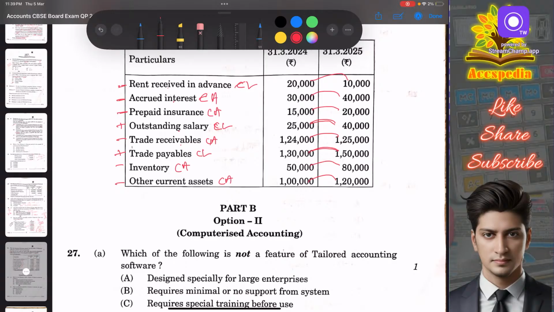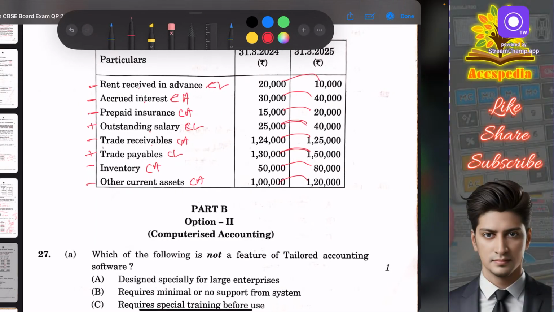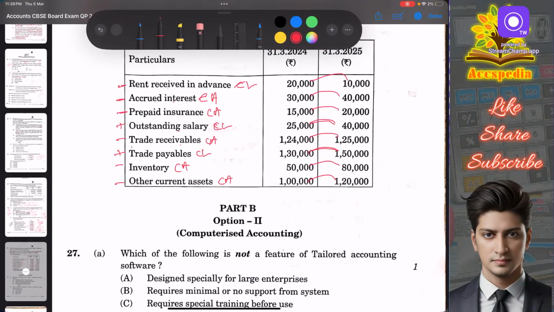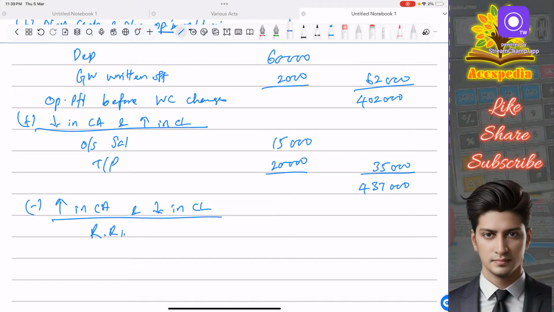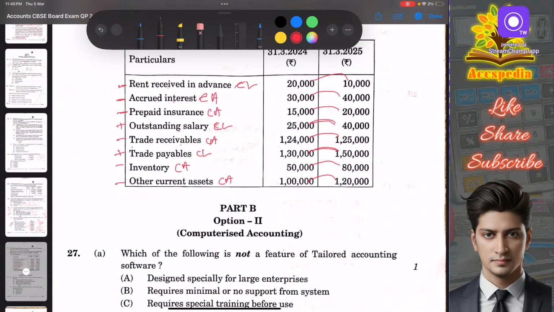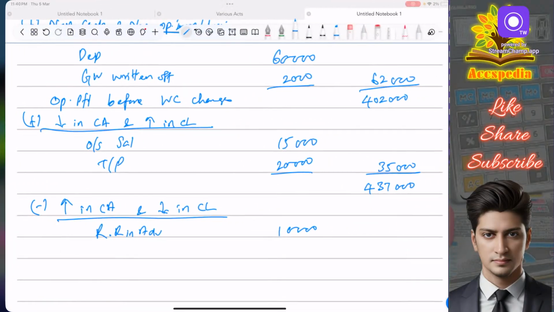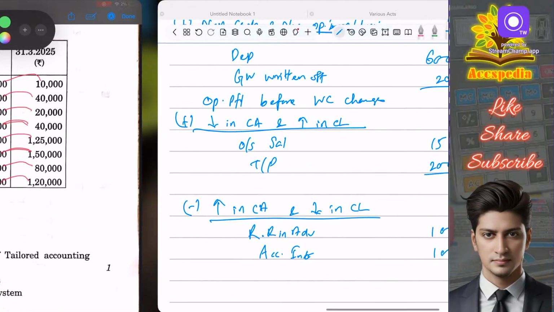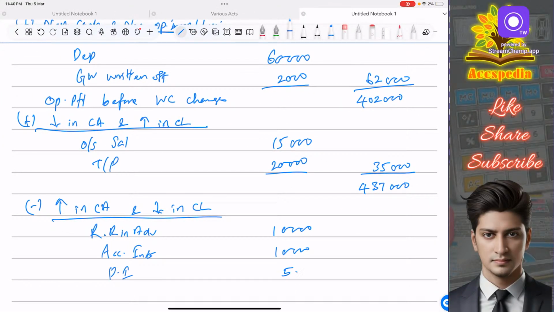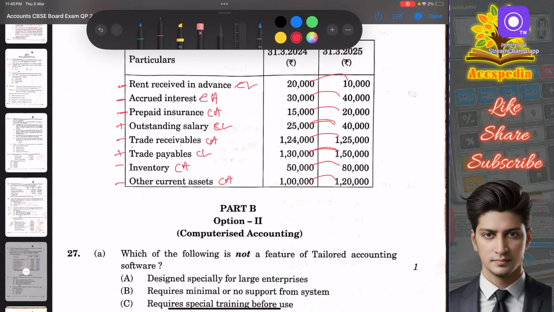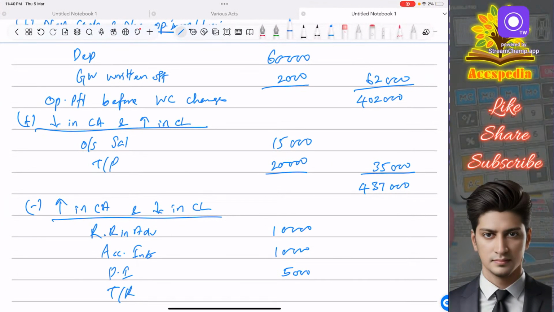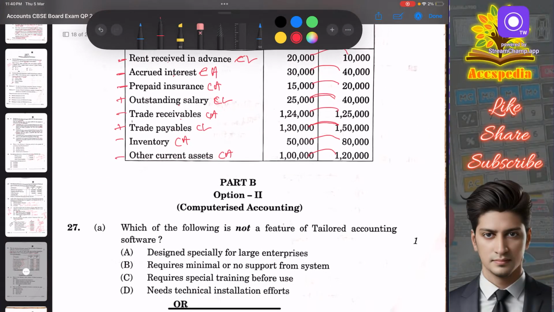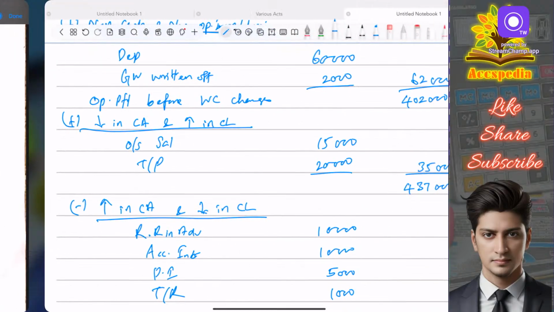So we have rent received in advance 10,000, accrued interest 10,000, then prepaid insurance 5,000, then trade receivable 1,000, and then inventory 30,000.